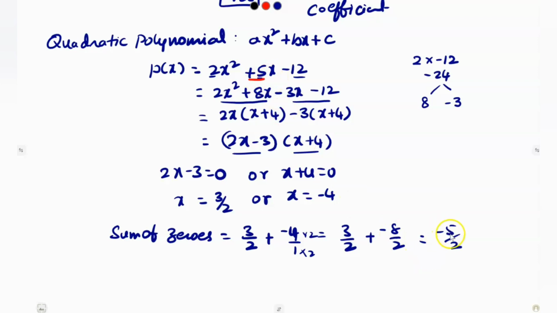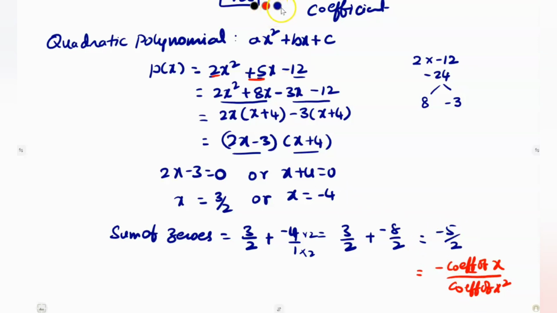So we can write this minus 5 as minus coefficient of x, and 2 is nothing but the coefficient of x square. So we understood that the sum of the zeros of a quadratic polynomial is nothing but minus coefficient of x by coefficient of x square, which is the relationship between the coefficients and the zeros.